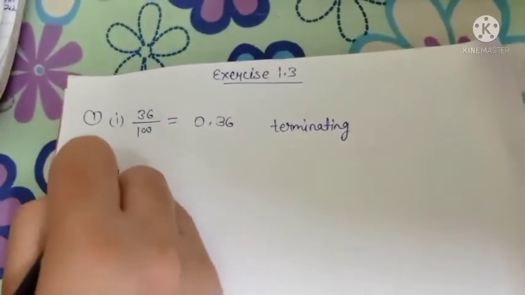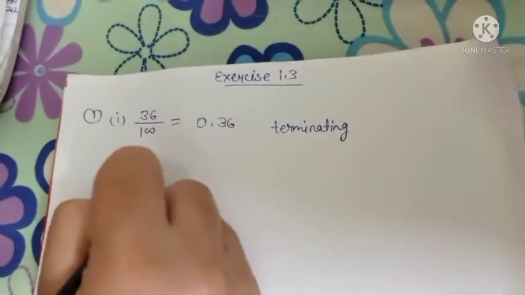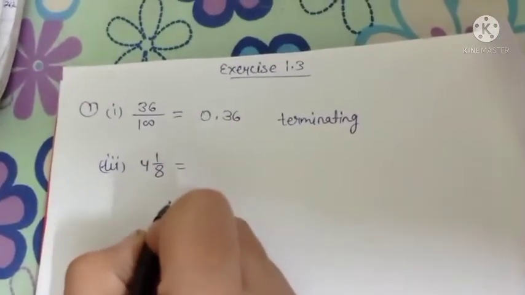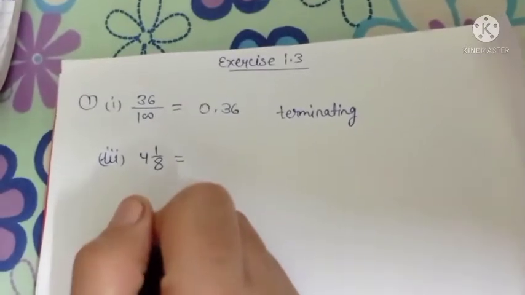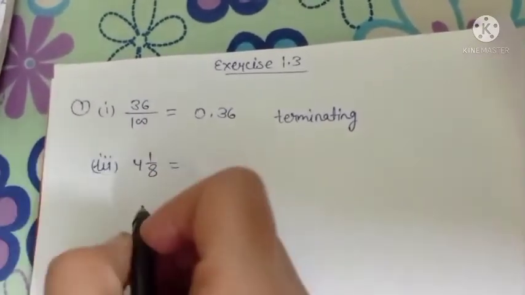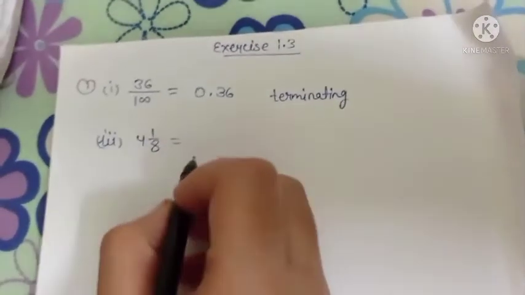The third question of this is 4 and 1/8. First we write it in p by q form.